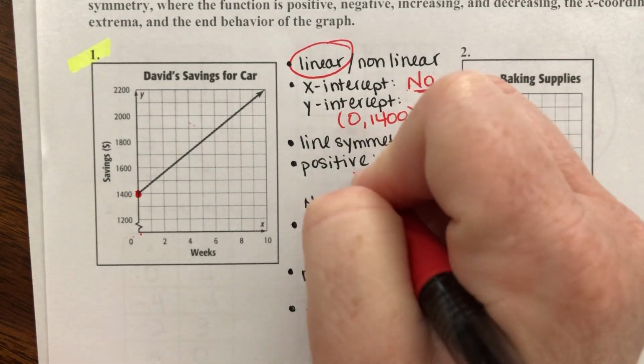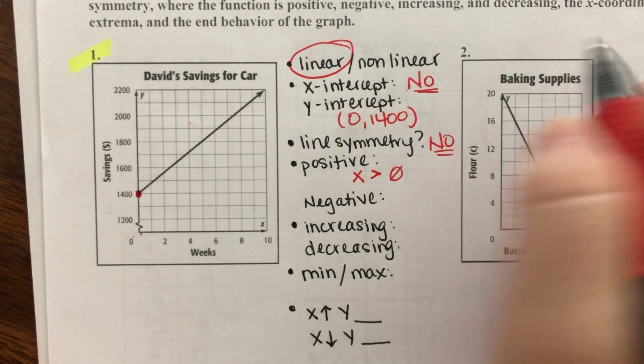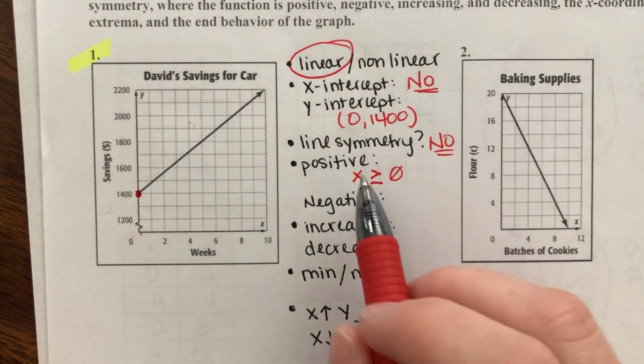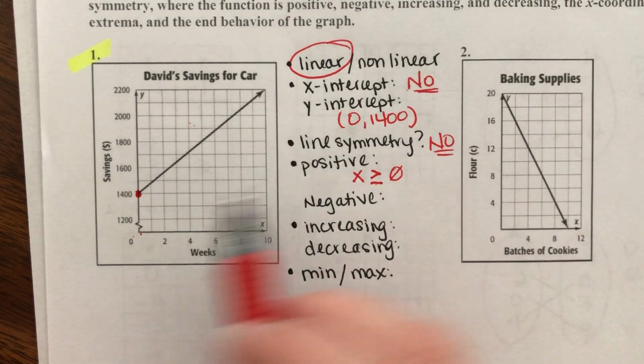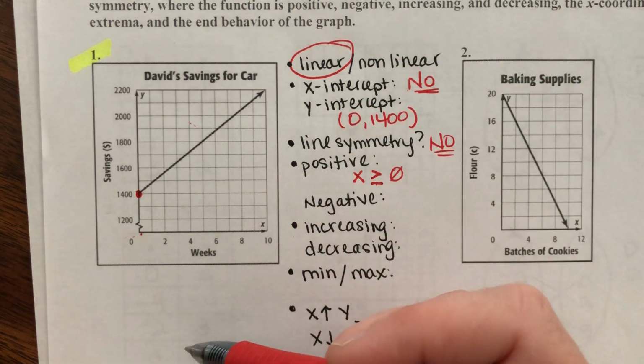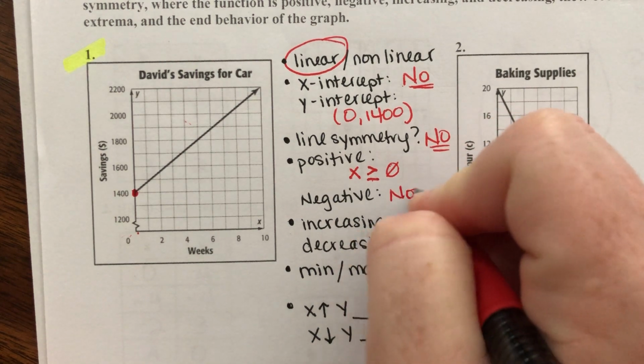So as long as x is greater than 0, and it could be actually equal to 0 as well, our graph is positive. So x can be greater than or equal to 0, and our graph is above the x-axis. Anywhere our graph is below the x-axis, no, everything's above, so there is none.